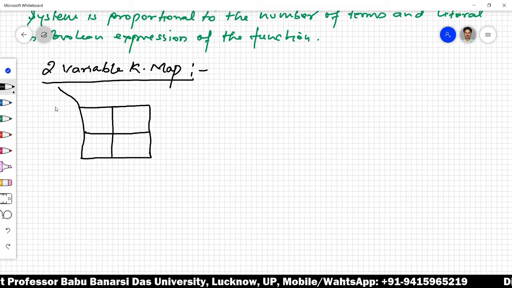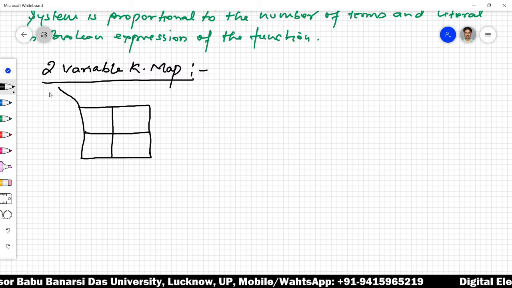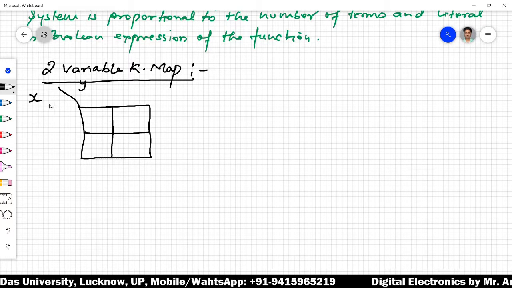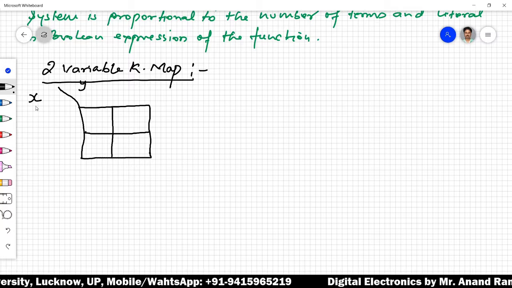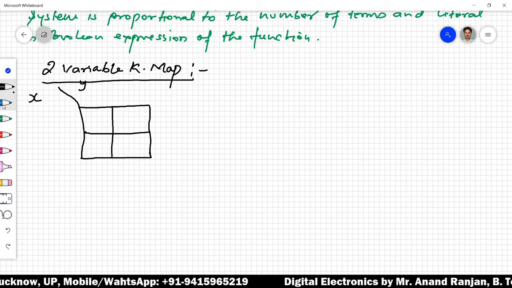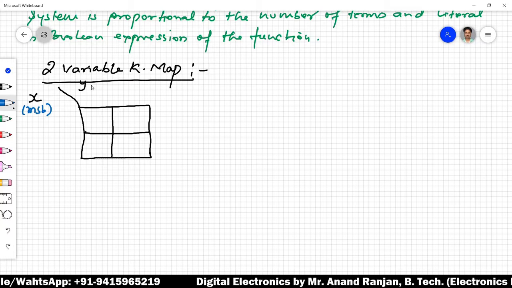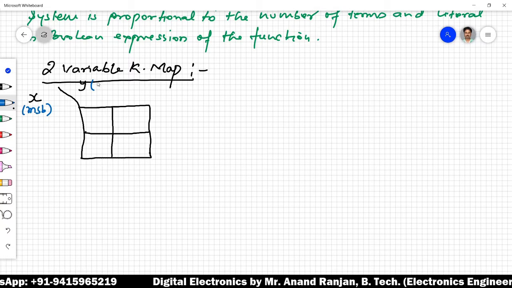Let me take the two variables as x and y. If x and y are written just beside each other, then x will be treated as the MSB, while y will be treated as the LSB.